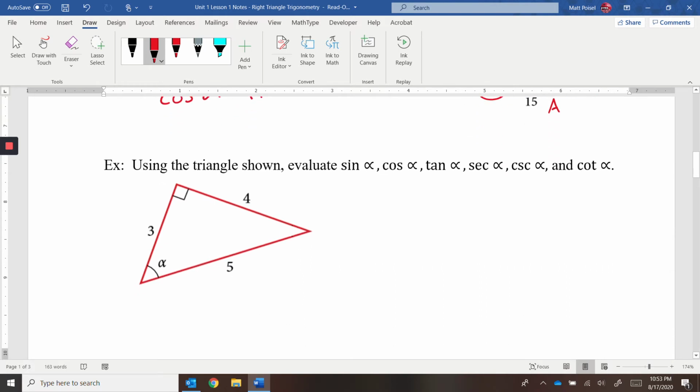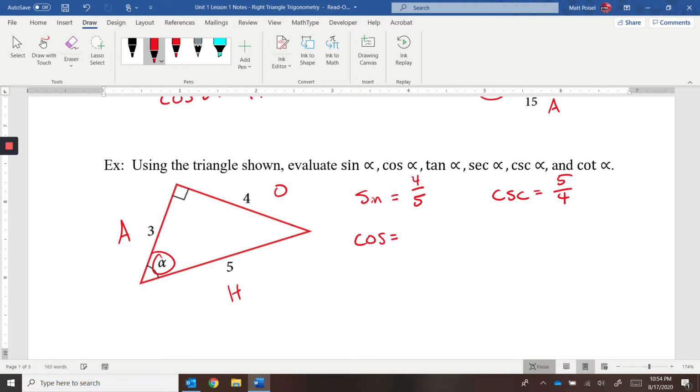Next one, we're still going to be standing right here, and so I think it's best to label this. This is our hypotenuse. We know this is our opposite, and we know that this is our adjacent. So the sine is going to be the opposite over the hypotenuse, which is 4 over 5. Now, the one thing that's really nice is that tells us that the cosecant is going to be the reciprocal, so 5 over 4.